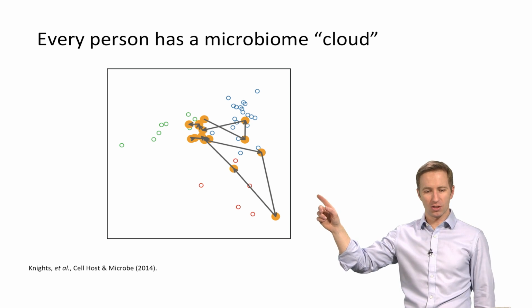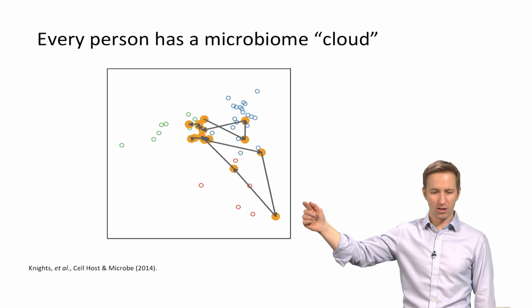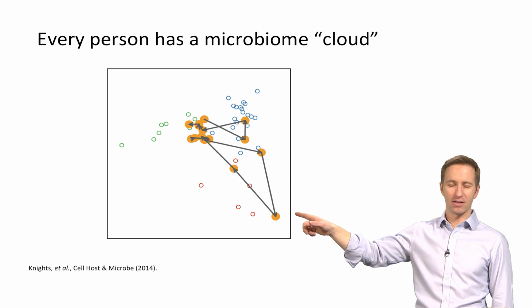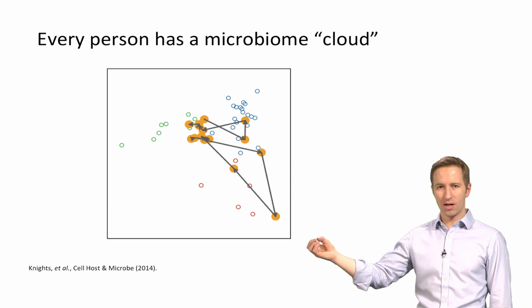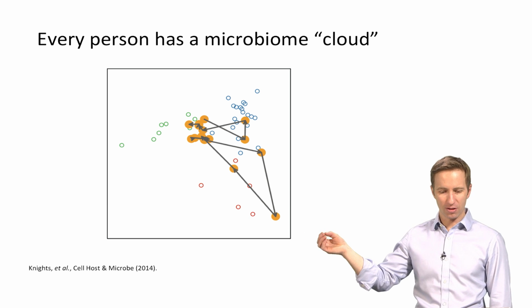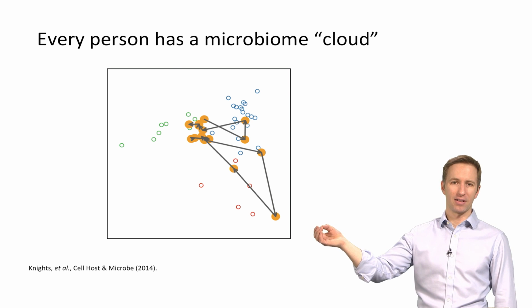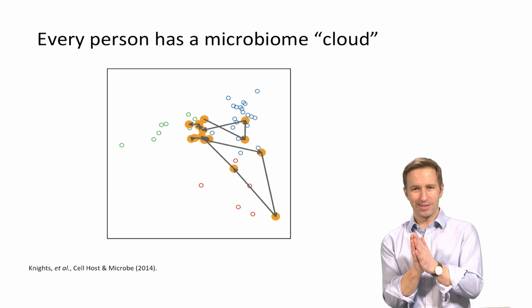So this person starts in the putative green cluster here, walks down over into the blue cluster and back in the course of a few days. Then their microbiome later on during this 6 months walked from the green cluster over into the red cluster and back. So this is evidence that these clusters really shouldn't be considered discrete.